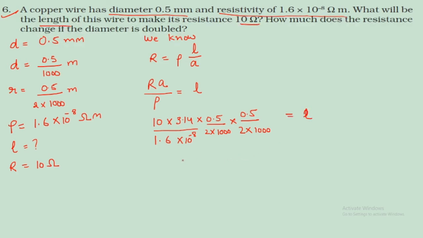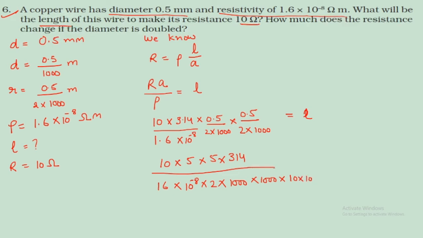So now after simple calculation we get 10 into 5 into 5 into 314 whole upon 16 into 10 raised to the power minus 8 into 2 into 1000 into 1000 into 10 into 10.